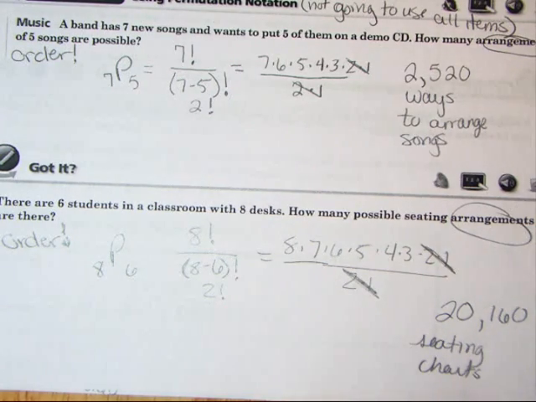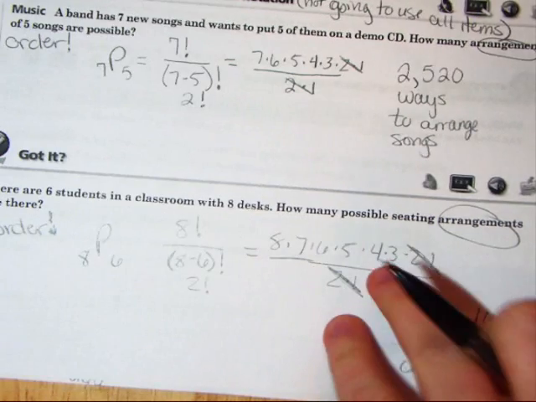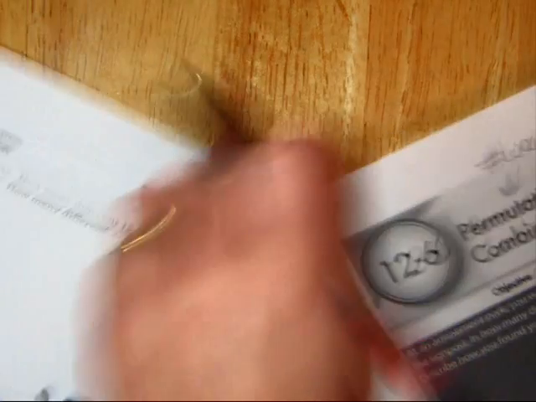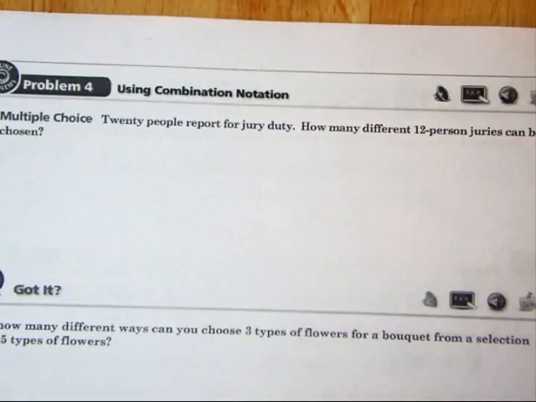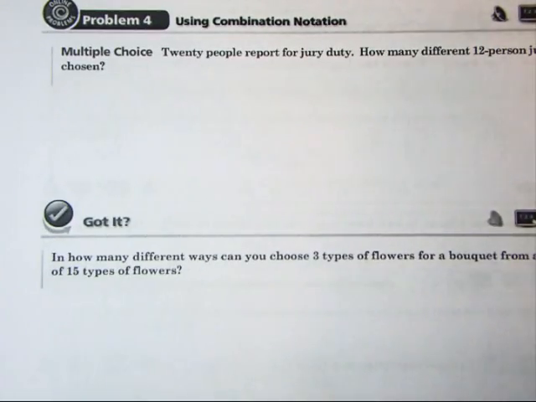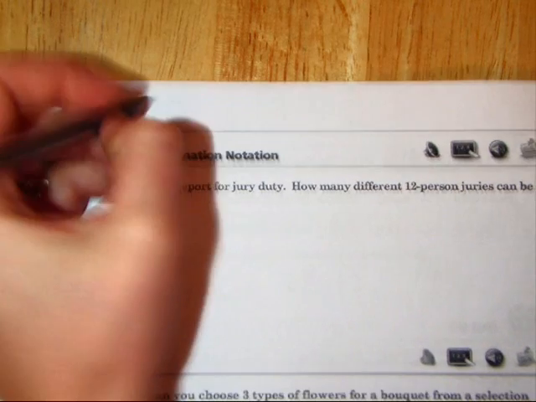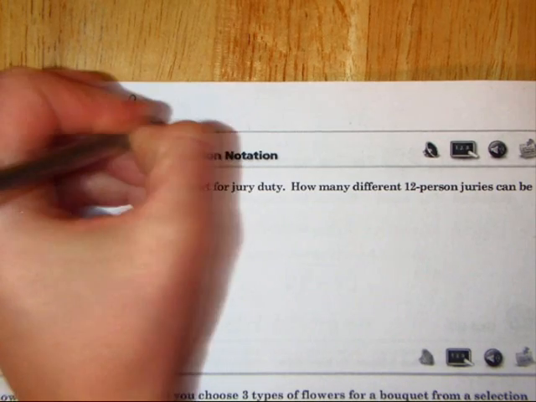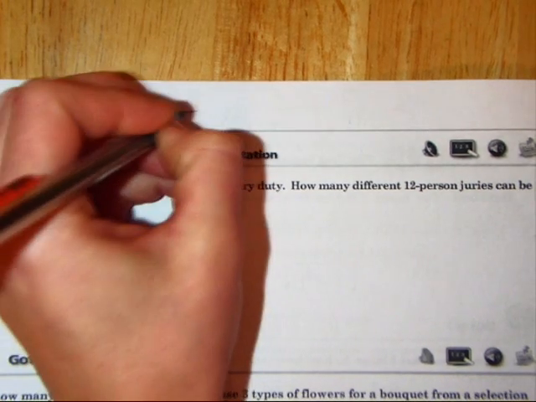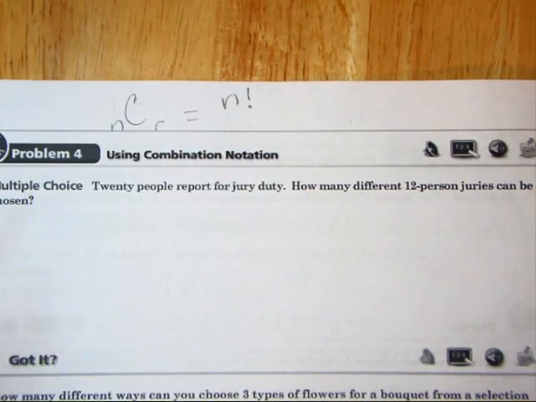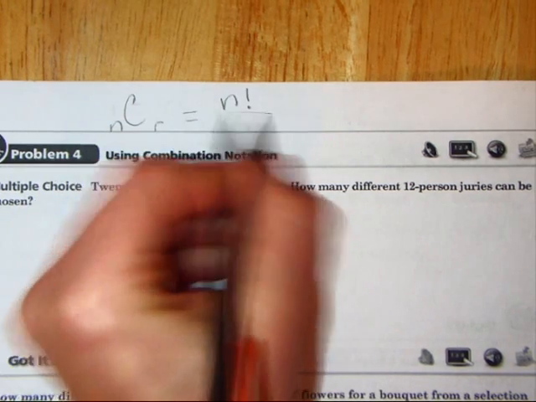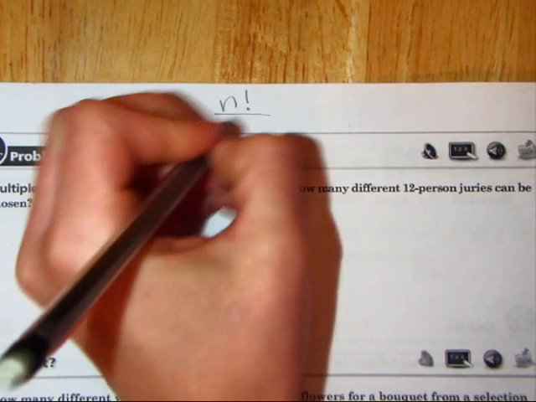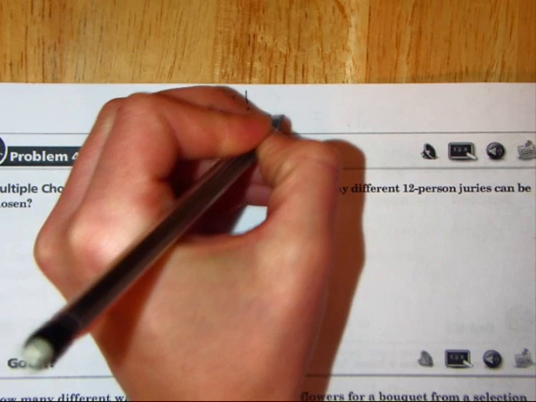Okay, moving on. Last page deals all with combinations, and we saved the best for last because combinations are just a tad bit more difficult. The formula you learned is combinations n of r is the number of items you have factorial over, now you still have the parentheses on the bottom, n minus r.